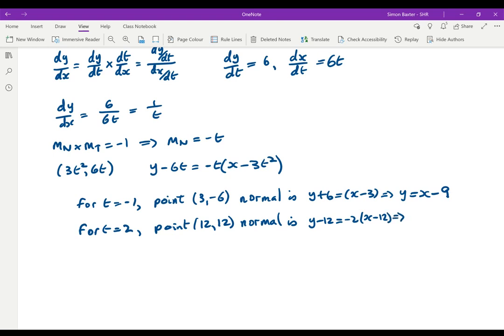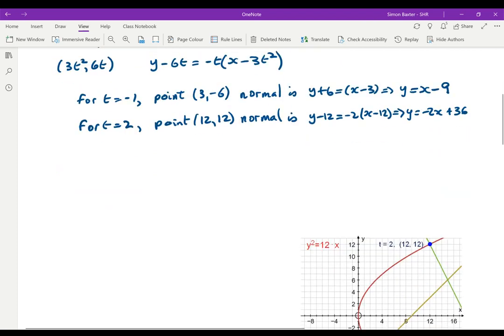If we sort that out, we get y equals minus 2x, plus 24, plus another 12 gives us plus 36. So that gives us an idea of what we mean by the equation of a normal in terms of t.